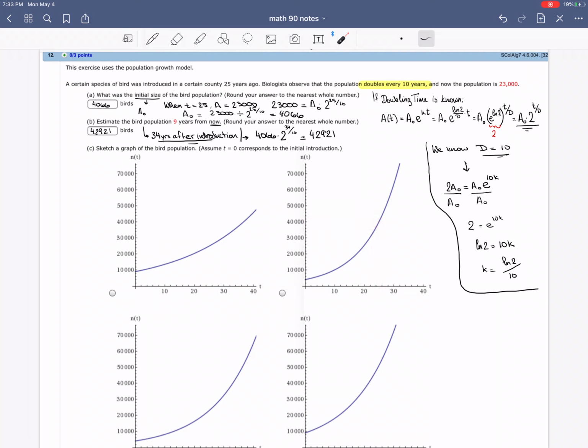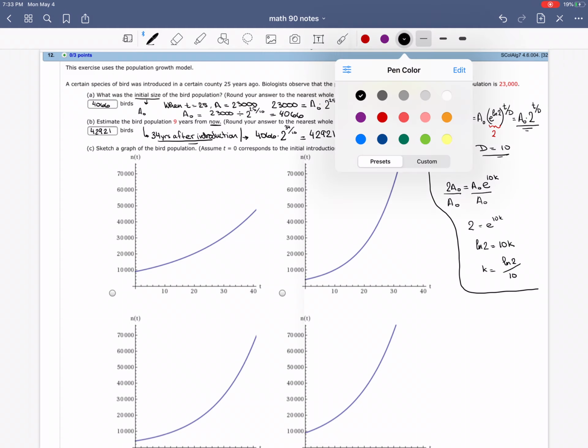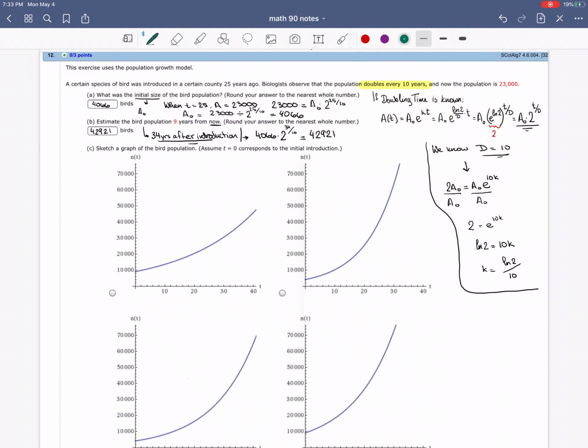So if we go over to 25, now the picture is cut off a little bit here, but you can see if I find 23,000 on the number of birds and I go over, you can see that that's believably 25 years in. So in fact, this one is the correct graph. This is the one that most closely aligns with our data points. Okay, so this is the graph.